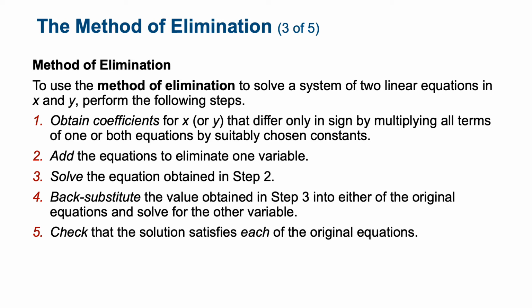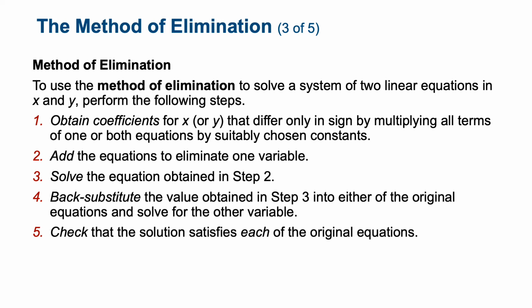Then we add them together and that eliminates that variable, and then we solve it, and then we substitute back into the original equation, either one, and solve for the other variable, and then we check that it satisfies the equations.